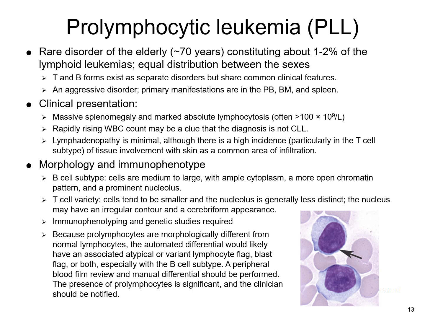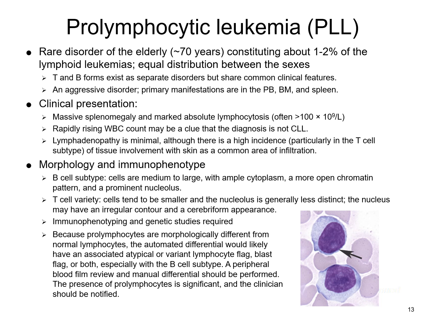Because of this, you would need to do some sort of immunophenotyping and genetic studies in order to make the differentiation and diagnosis. One thing that you will encounter in the lab is that prolymphocytes are morphologically different from normal lymphocytes.